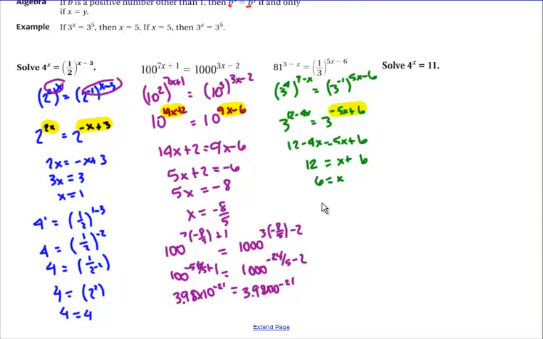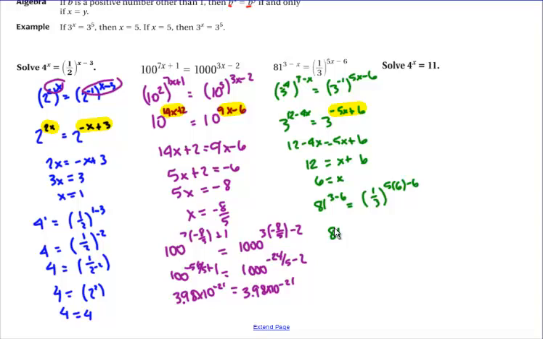And again, check it. So this is going to be 81 to the 3 minus 6 power equals 1/3 to the 5 times 6 minus 6 power.